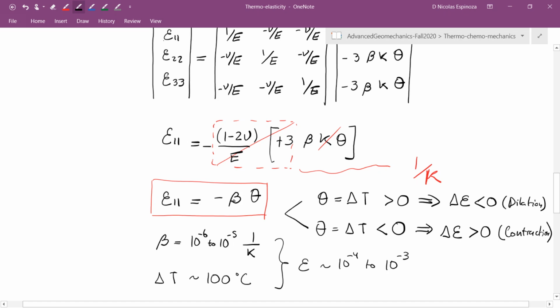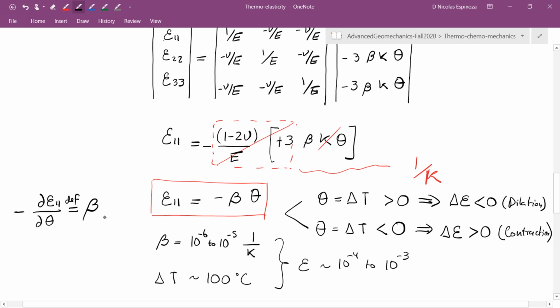We see also very clearly in this equation that the linear thermal dilation coefficient is exactly the proportionality parameter between a change of linear strain and a change of temperature. And this is actually the definition of the linear thermal dilation coefficient.